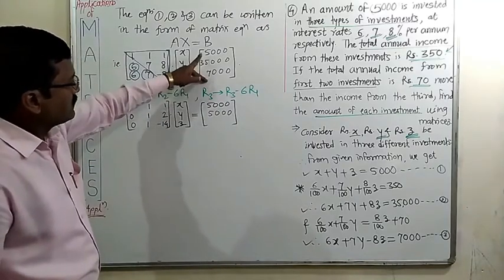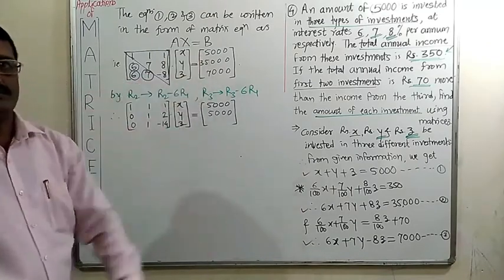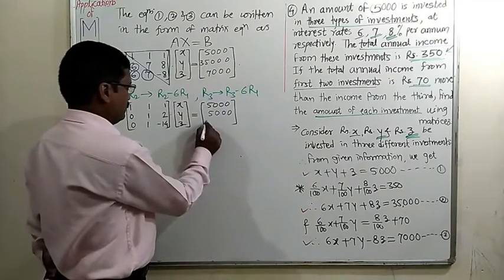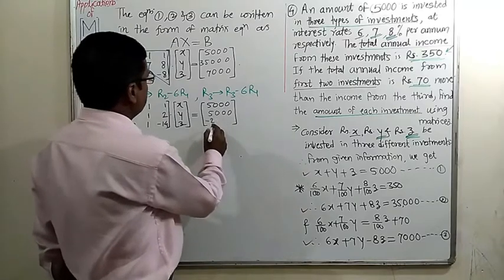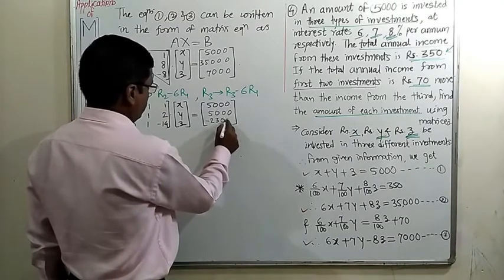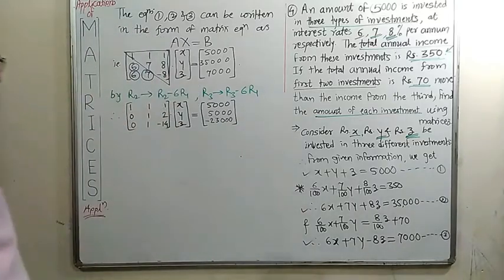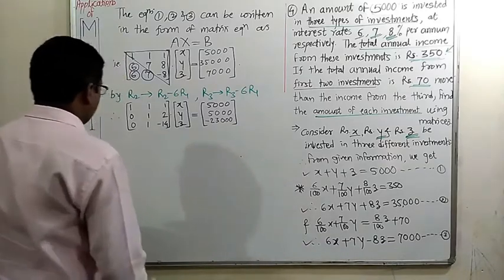Here R3 minus 6 times R1. 6 times R1 will be minus 30, so 7 minus 30 is minus 23,000. Okay.